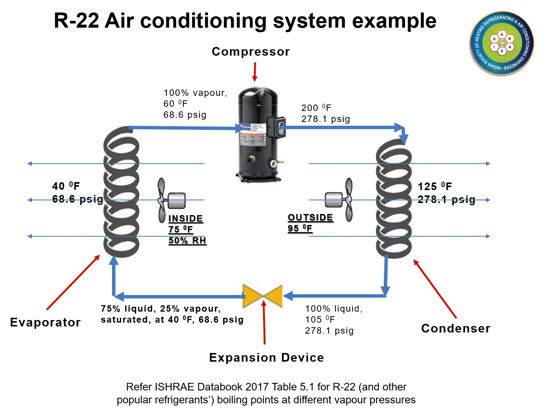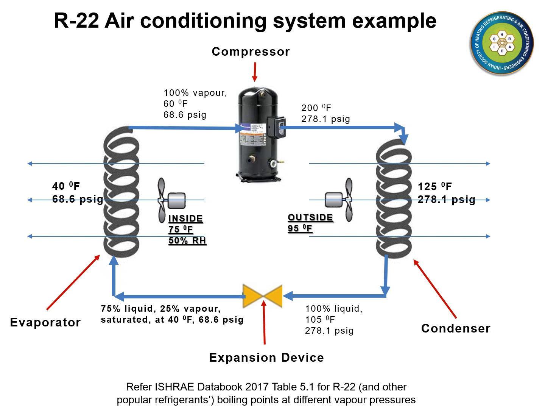Now back to the evaporator. As the liquid vapor mixture flows through the evaporator, it absorbs heat from the inside air, which is at a higher temperature of 75 degrees Fahrenheit, until it becomes 100% vapor.